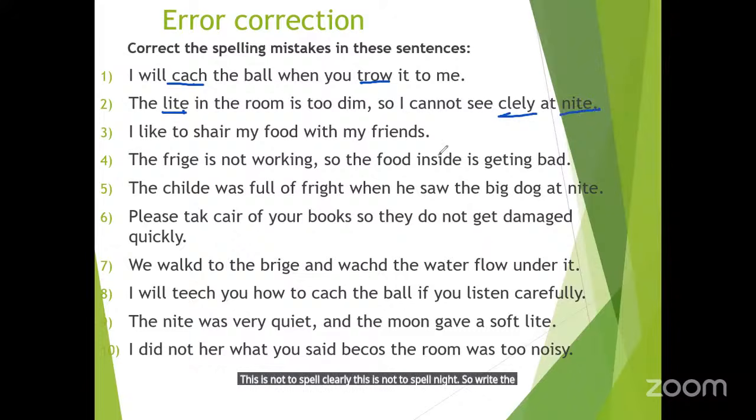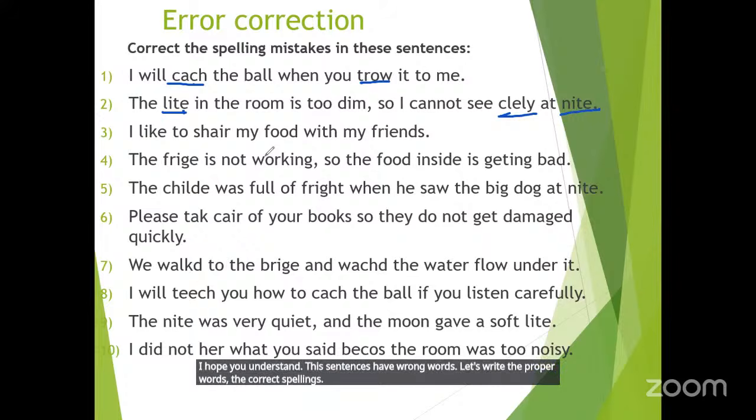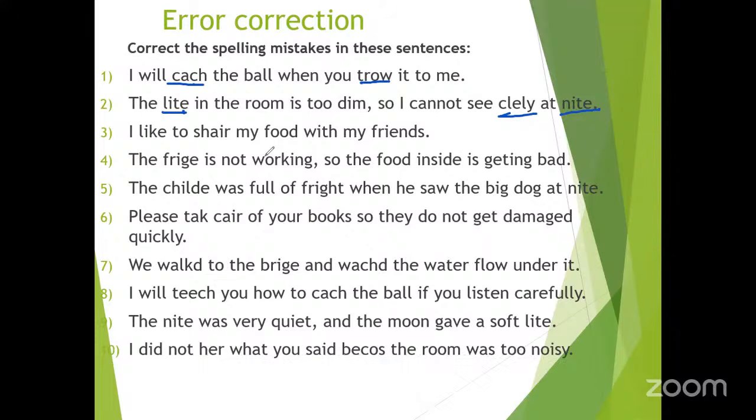We have 5 minutes to do that. I hope we understand. These sentences have wrong words. Let's write the proper words, the correct spellings, as we write the sentences.